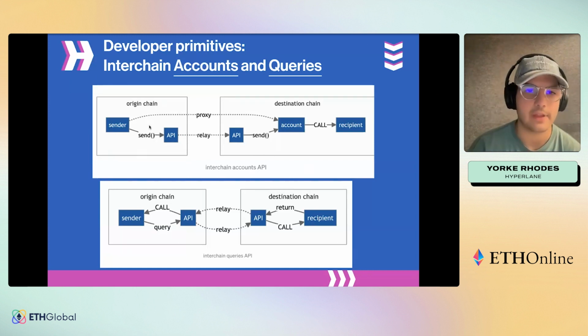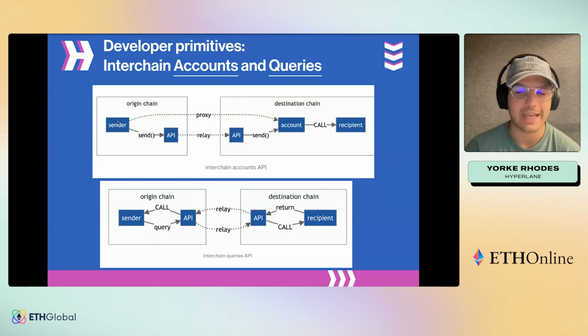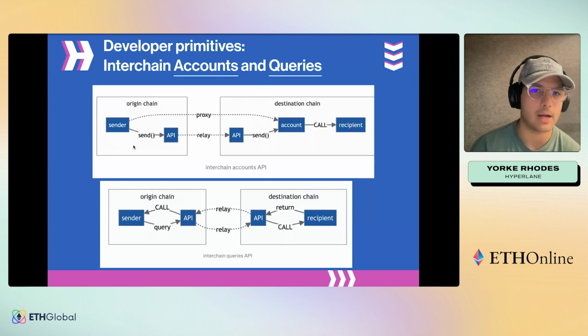And the idea here is that normally your contract on the origin chain can't interact with contracts on the destination chain, right? That's the whole problem here. But this API basically allows you to pass a call.